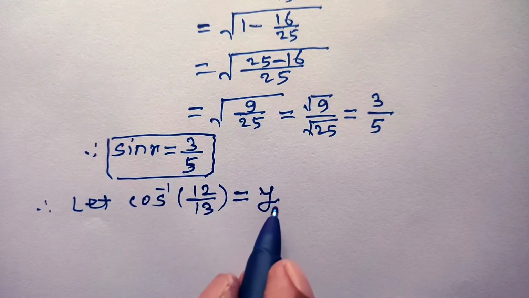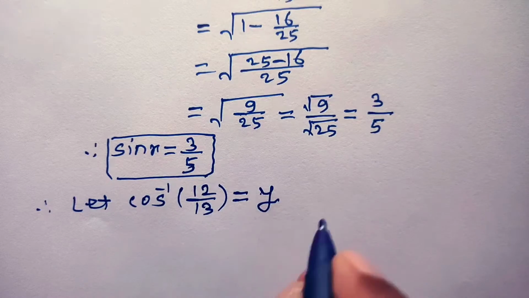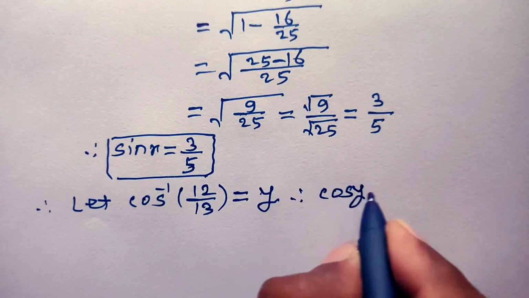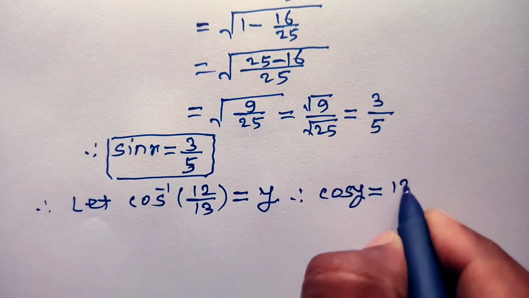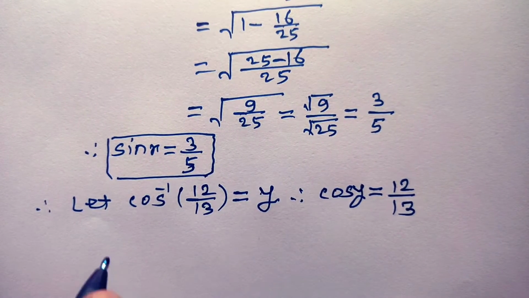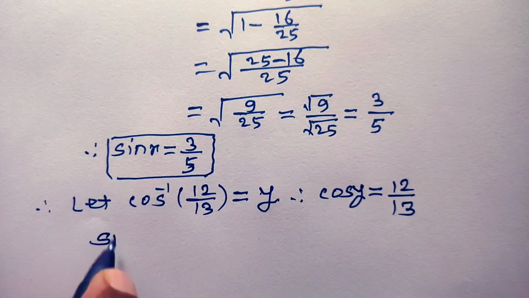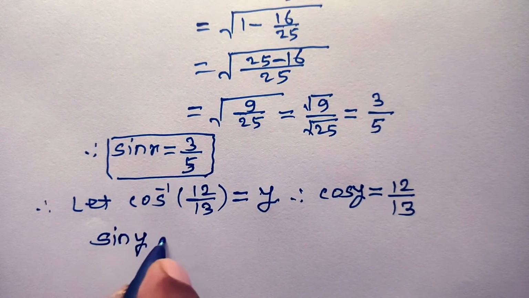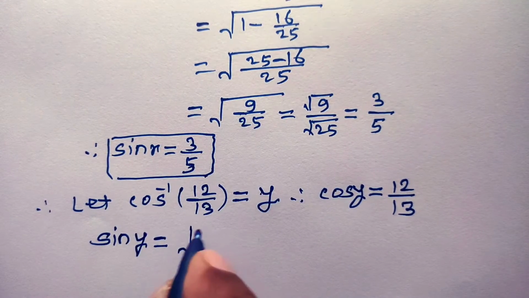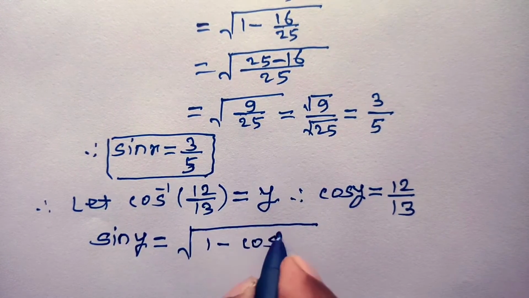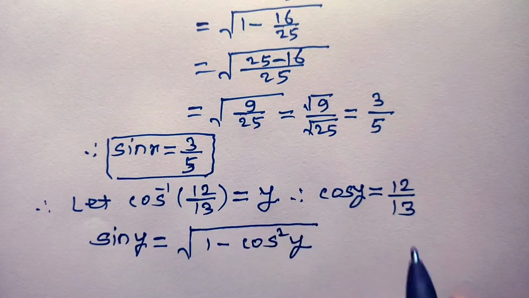Hence, taking this cos inverse on the right hand side, this can be written as cos y is equal to 12/13. And now here we have to find out sin y. Similar to the previous step, sin y is also equal to square root of 1 minus cos square y, but cos y is 12/13.